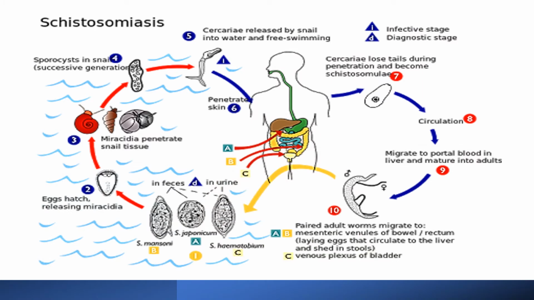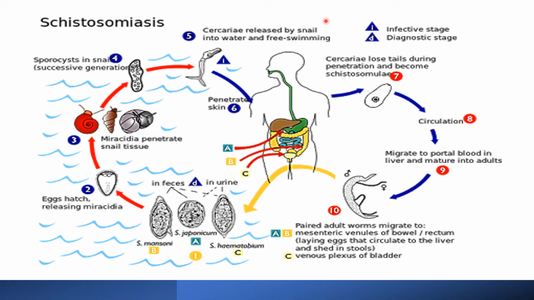So for the life cycle, again, the cercariae will penetrate the skin of the human host and start as schistosomule.